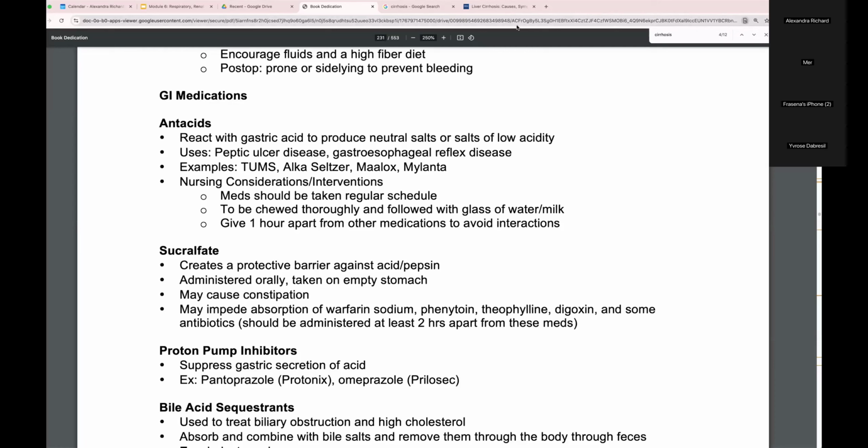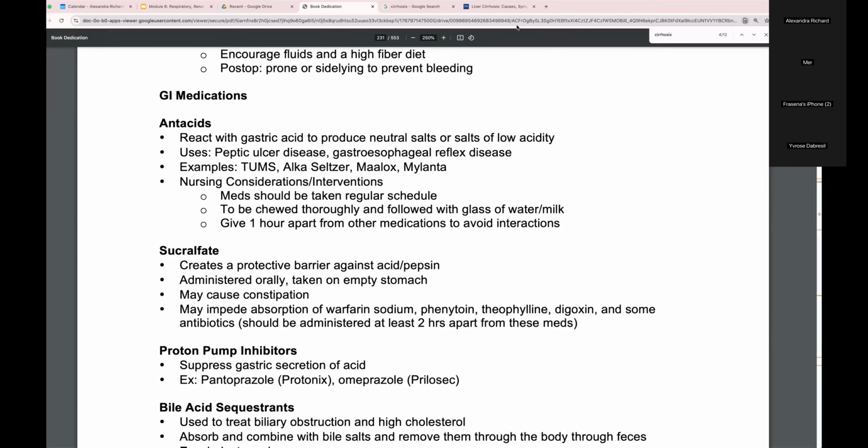All right, so GI medications. So you've got your antacids. They react with gastric acid to produce neutral salts or salts of low acidity. So basically, they work against the acid in the stomach to try to neutralize it or reduce the acidity.